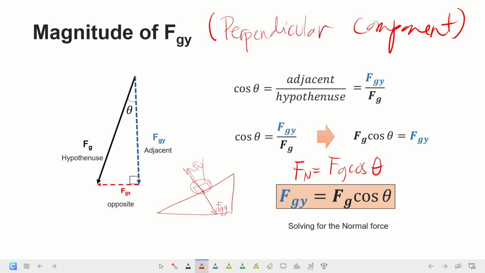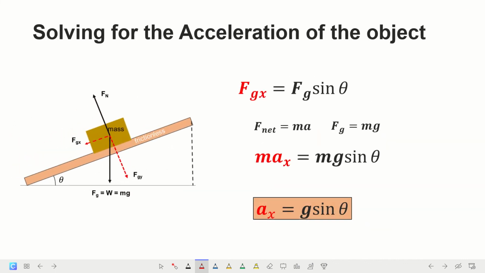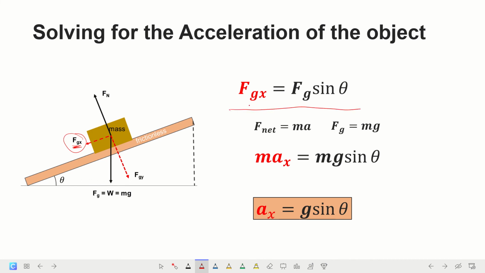Okay. So how about looking for the acceleration of the object? We said the object is accelerating downwards due to the parallel component of the force due to gravity, or the F_g of x. So we'll use this equation, F_g of x equals F_g sine theta, in order to solve for the acceleration.